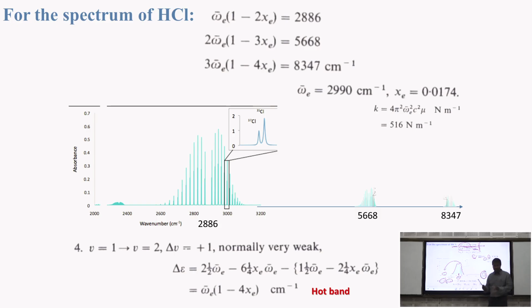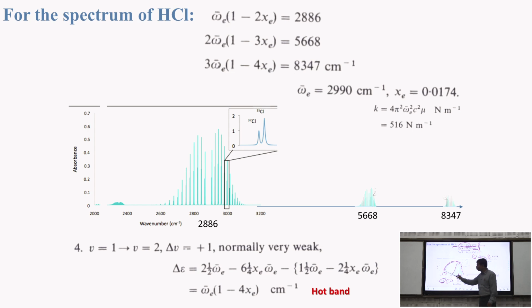The population at V is equal to 1, which we just calculated, should be less than 1%, but because of the molecular system and the temperature, if you have an appreciable amount of population, then you can see a band before the fundamental band. Otherwise, the fundamental band should be the first band.